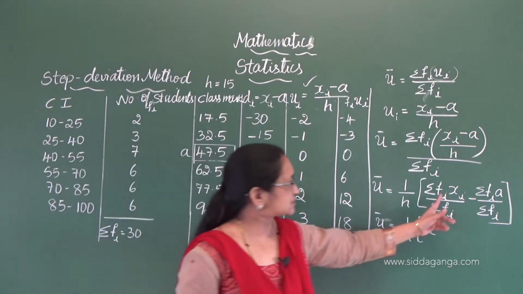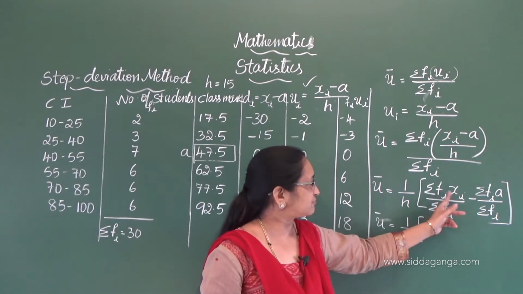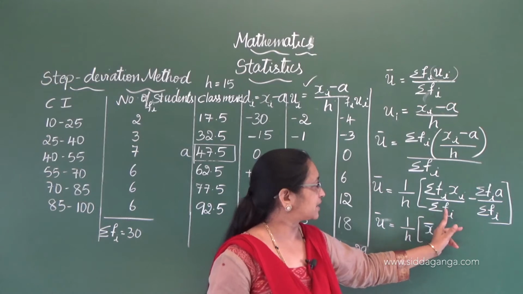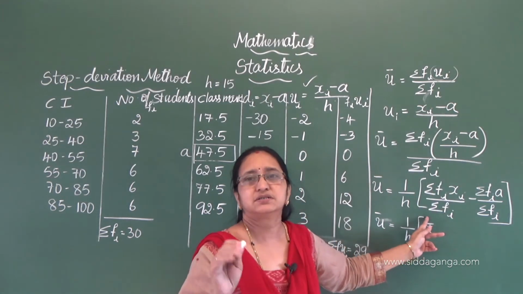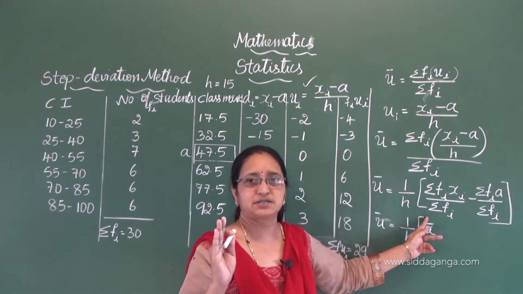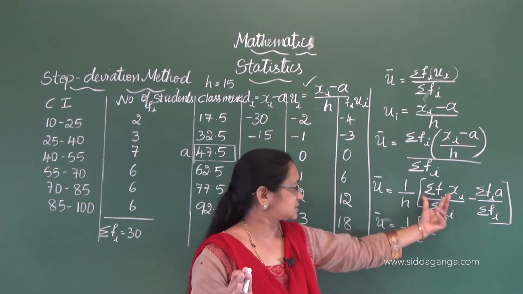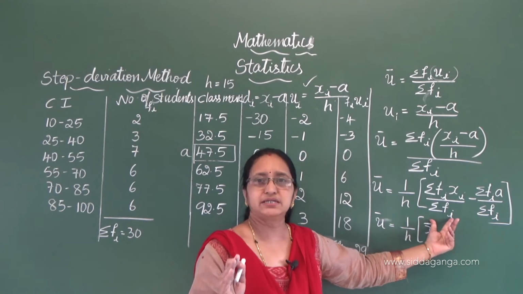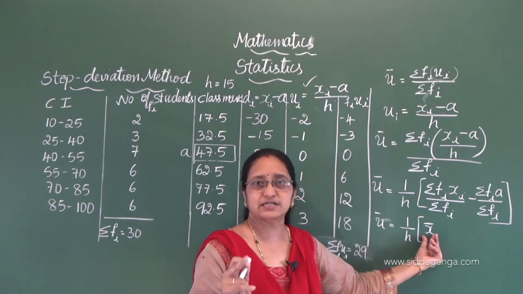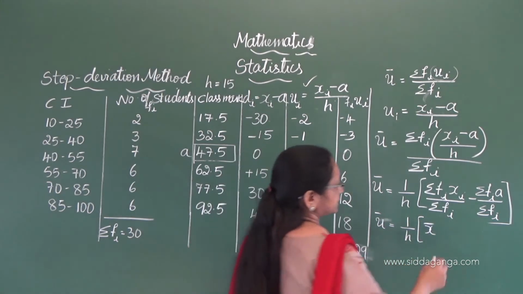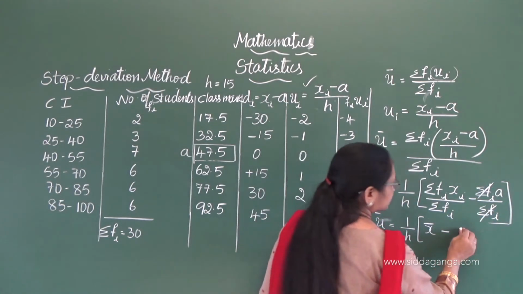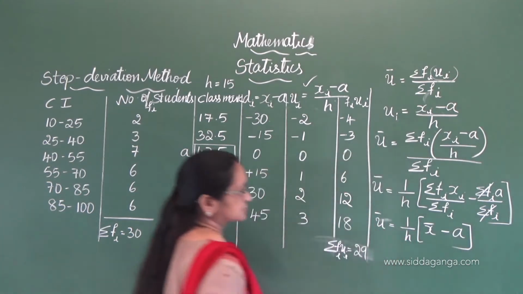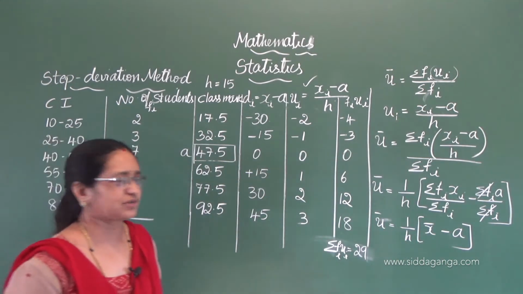Sigma fi xi divided by sigma fi was the formula for the direct method. Please turn over the page and check. This is nothing but the mean formula x bar, correct? And here this and this get cancelled. What remains? a remains. Please observe carefully.